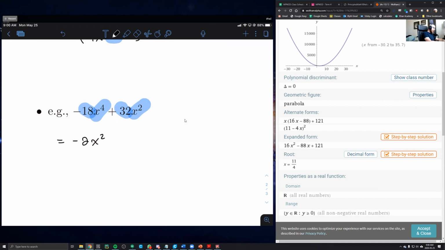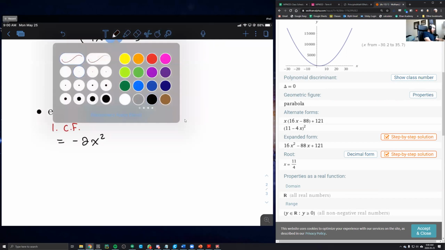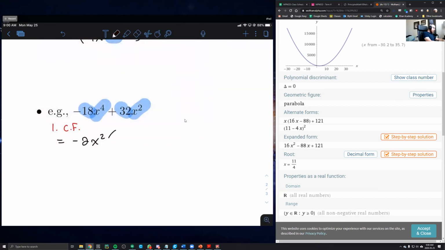So that's my common factoring step. When I do that, 18 divided by -2 gets me -9, and x to the 4 divided by x squared gets me x squared. Then 32 divided by -2 is -16, and when I take out an x squared, I don't have any x's left.